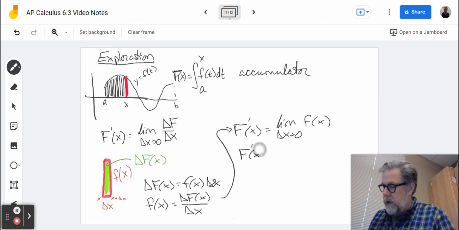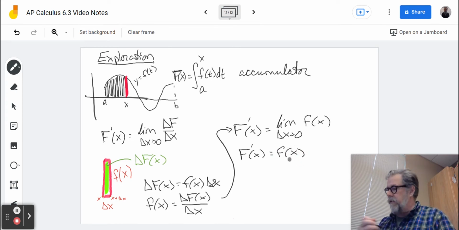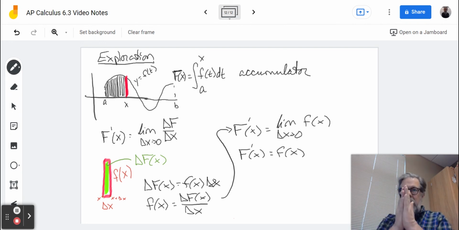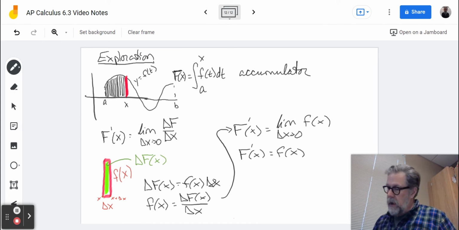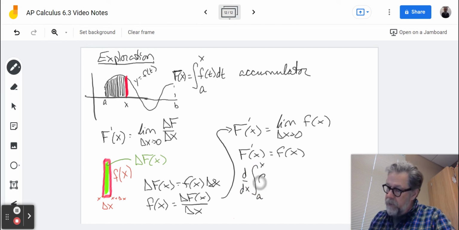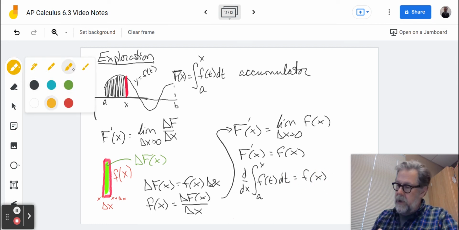Well, delta x going to 0 is completely and utterly irrelevant when it comes to the value of my function. It has nothing to do with it. The value of my function is the height of that rectangle. It doesn't matter how wide the rectangle is. So what I now see here is that the derivative of my accumulator function is just the original function.